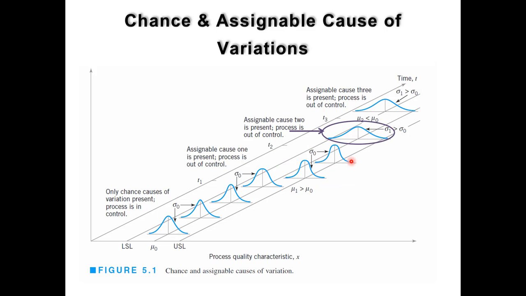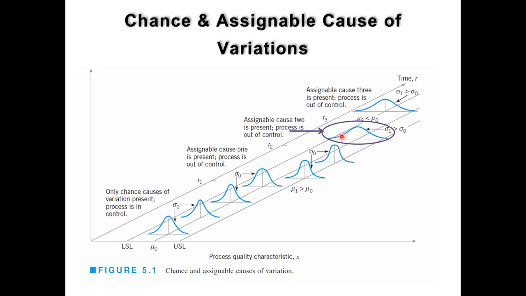For the next data distribution, the sample mean also lies exactly on the process mean, mu naught. However, the data is more dispersed, such that some points go lower than the lower specification limit, and some go beyond the upper specification limit.